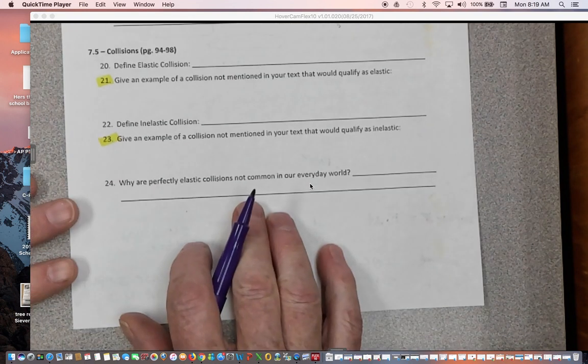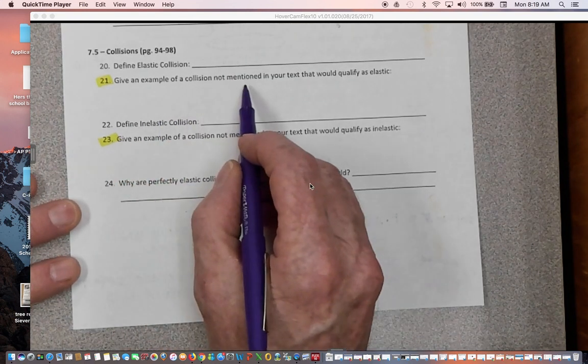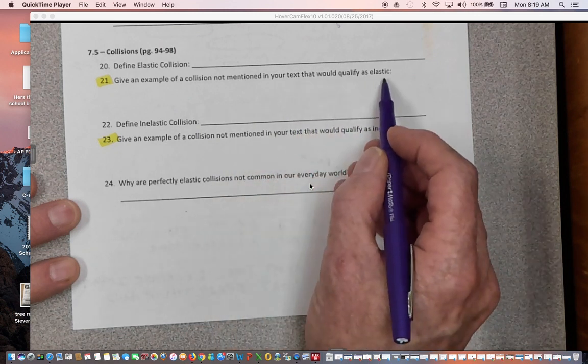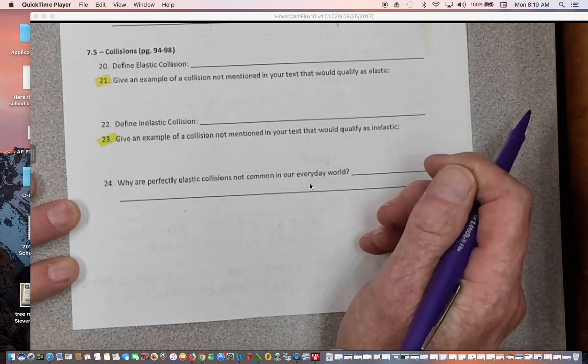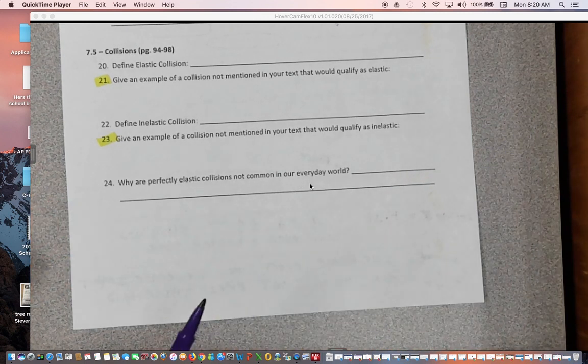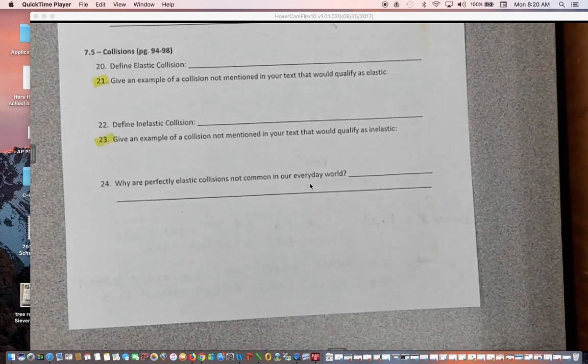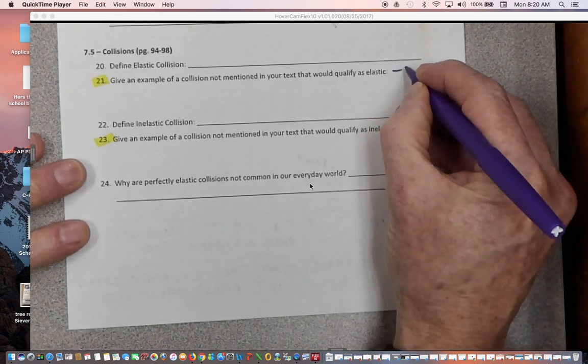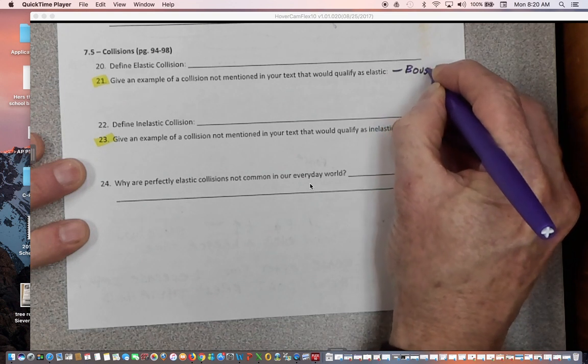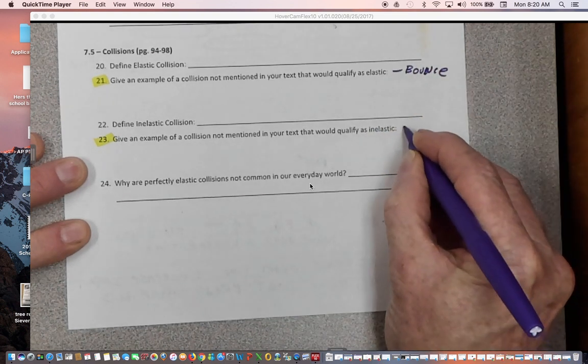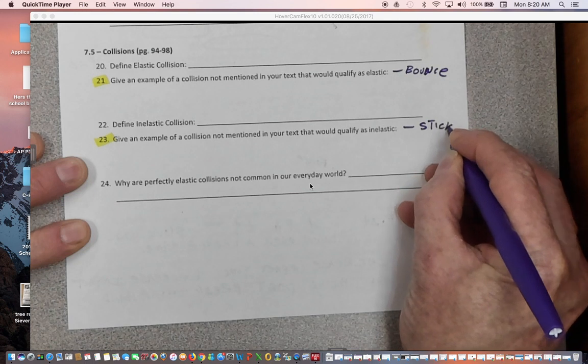Moving down here to 21, give an example of a collision not mentioned in your text that would qualify as elastic. I'm not sure what's in the text at this point, but anything that bounces, elastic is bounce. This is stick, inelastic.